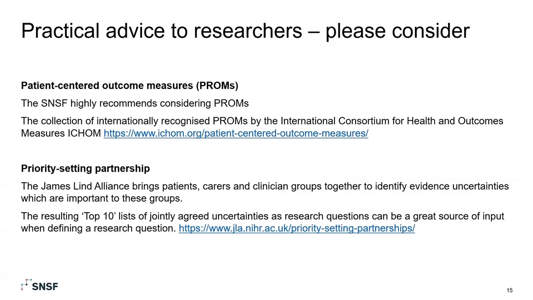And the James Lind Alliance brings together patients, carers, and clinician groups to identify knowledge gaps that are still there, and have a look at these priority setting partnerships via the link that is in the presentation. I think the presentations will be shared as well, so feel free to check that out later.